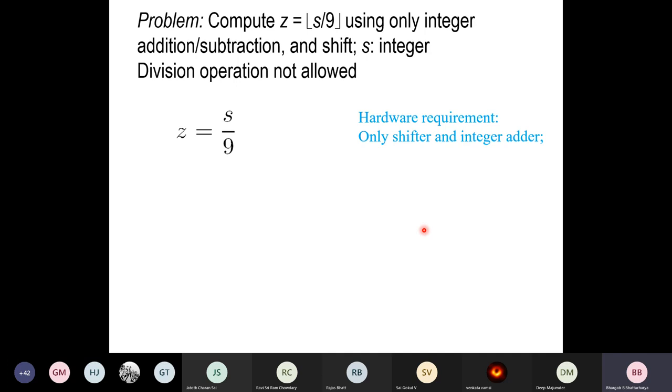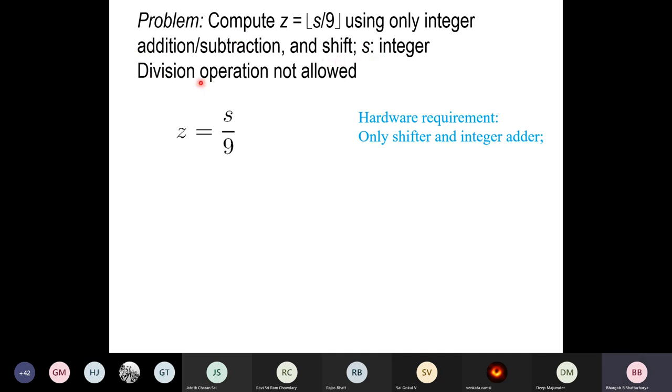So this is the problem. You have an integer S, and I want to compute S by 9, divide by 9, and maybe take the floor of that, using only integer operations: addition, subtraction, and shift. S is an integer.